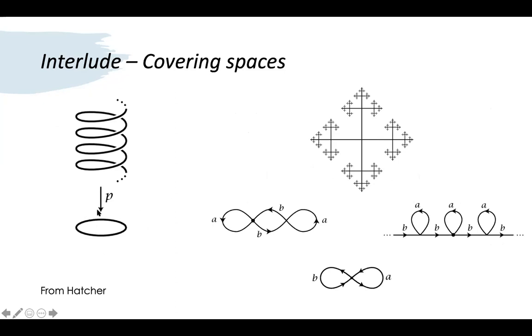So given a topological space, for example, the circle, you can look at all paths with fixed endpoints up to homotopy. This will create the universal cover. And the fundamental group of the topological space will act by something called deck transformations on the universal cover.